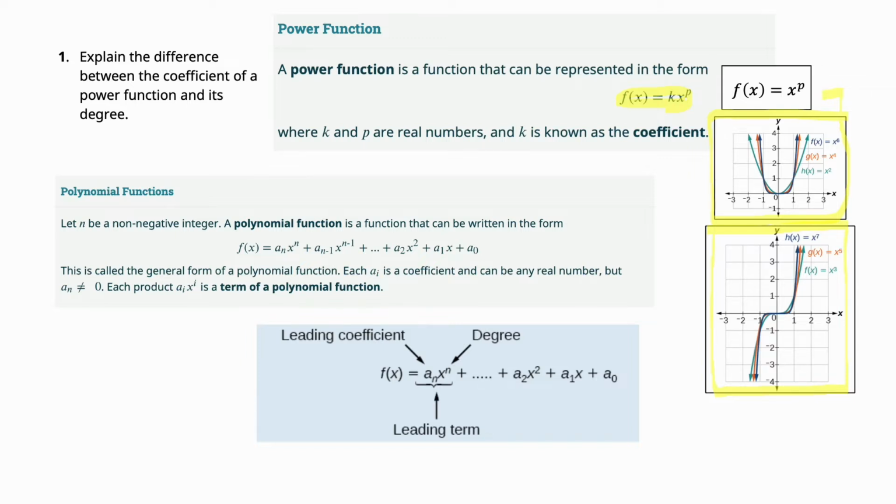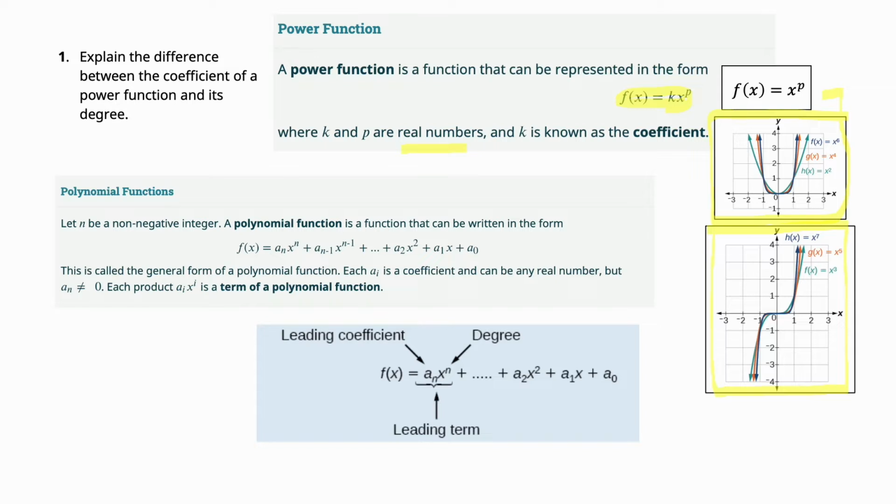Now, what is a polynomial? A polynomial function is just a linear combination of power functions, where this time the exponents are positive integers. This one said real numbers, but really they only talk about them when they are integers, because that's what moves us into what is a polynomial.